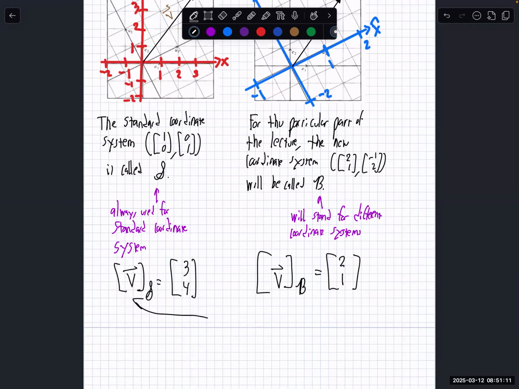So I want to emphasize it's the same vector. The vector is the picture. It's the drawing of the arrow. And we want to describe that arrow with a matrix. And the description is going to depend on what coordinate system we use.